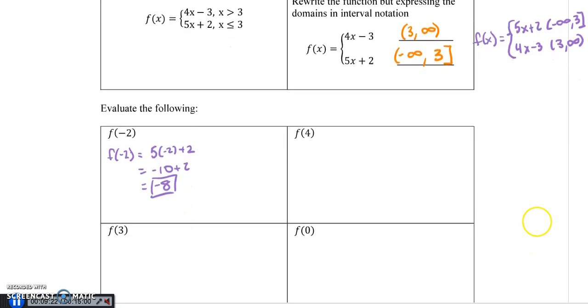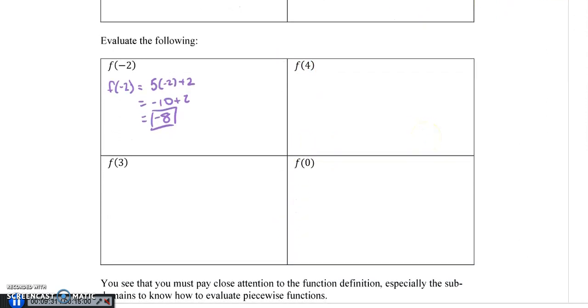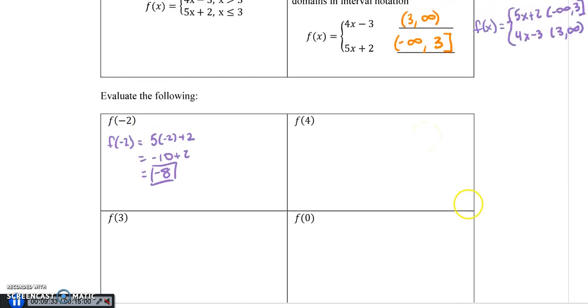We want to look at all these, so why don't you try 4 and 0 on your own, and we'll look at 3 here together quickly. Which interval does 3 go in? Well, 3 is interesting because 3 is in both of these intervals.